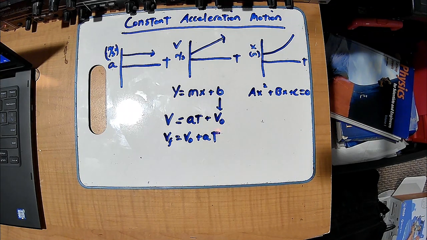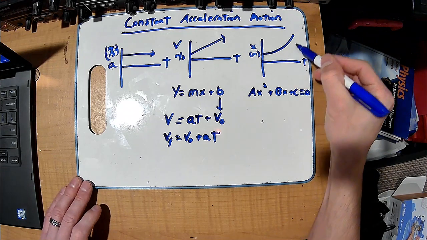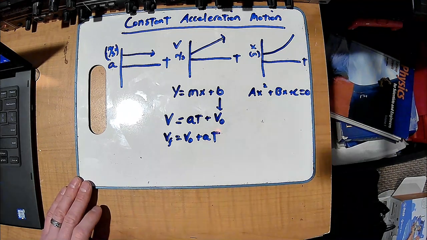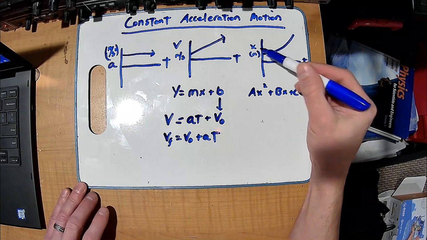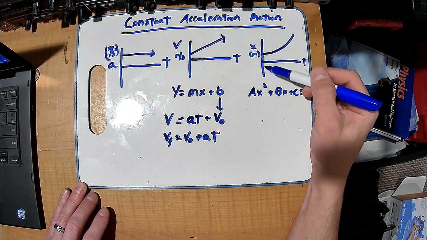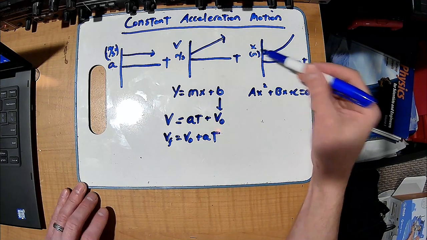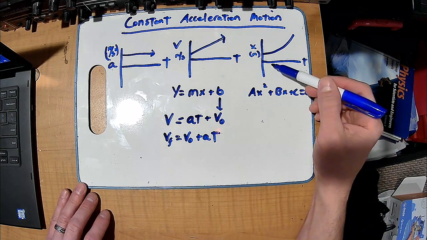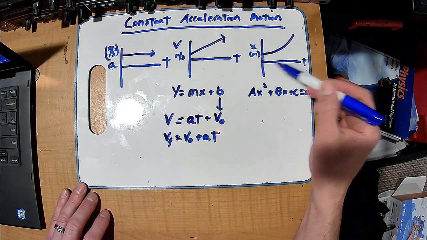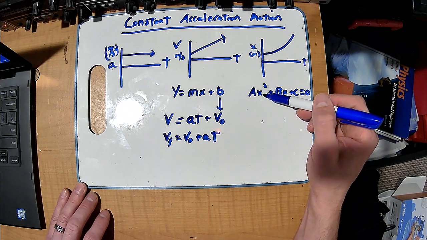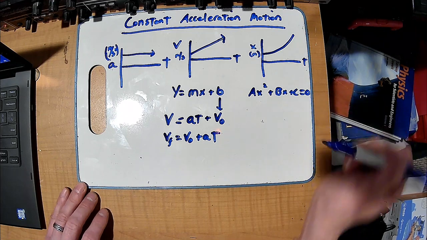Okay. In this particular situation, what we're plotting on the vertical axis is position. What we're plotting on the horizontal axis is time. So we can replace the x's with t's.